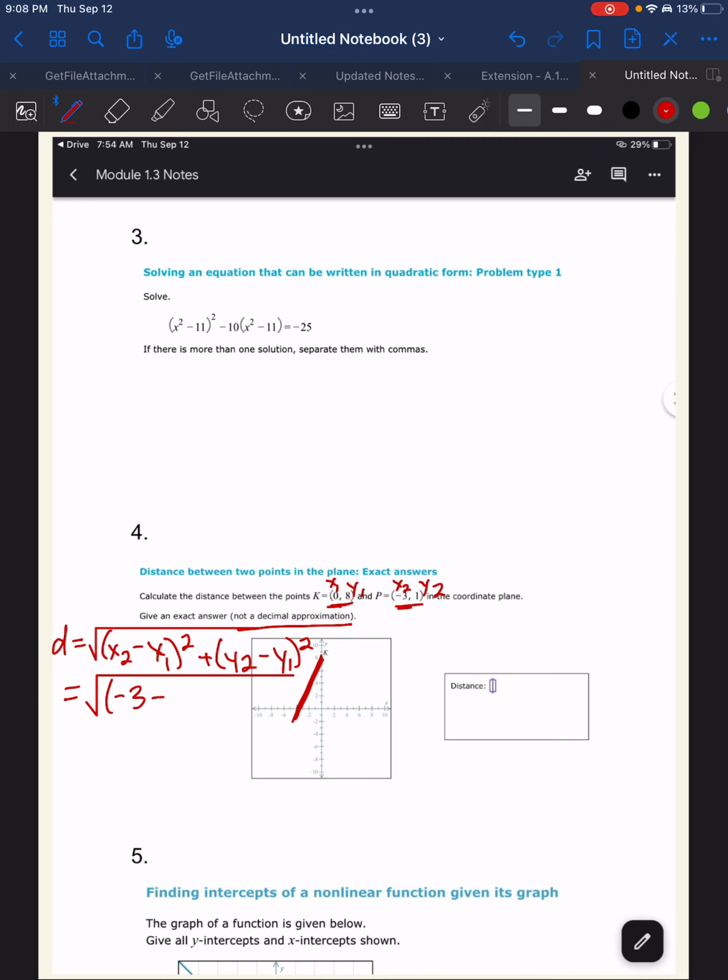So x2, -3, minus x1, which is 0, and y2, which is 1, minus y1, which is 8. And then all we're going to do from now on is simplify it. I just keep simplifying all the way down.